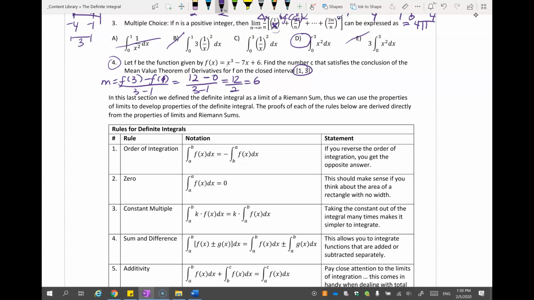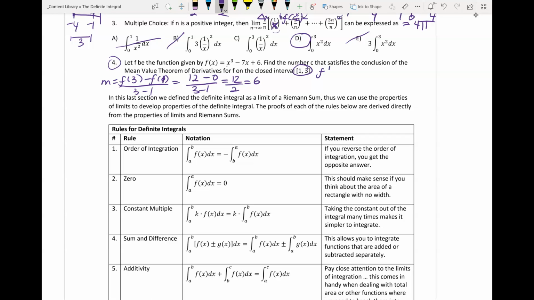So in order for the mean value theorem for derivatives to be satisfied, that means that f prime of c is equal to f of b minus f of a over b minus a. That was the definition.